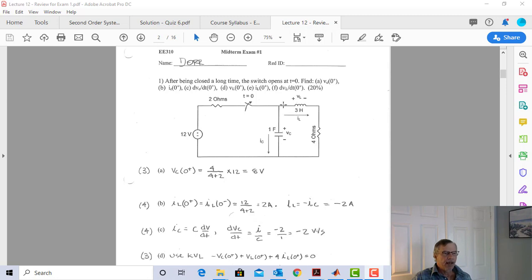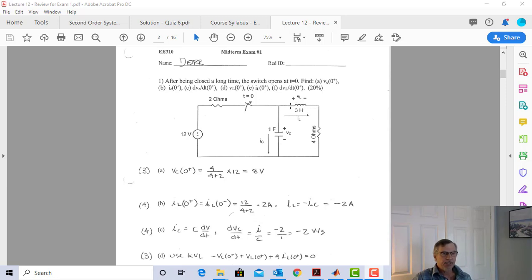I have a current through this inductor at t equals 0 minus, which is just 12 divided by 2 plus 4. 12 divided by 6 is 2 amps. So I had 2 amps at t equals 0 minus. That means I'm going to have 2 amps at t equals 0 plus.